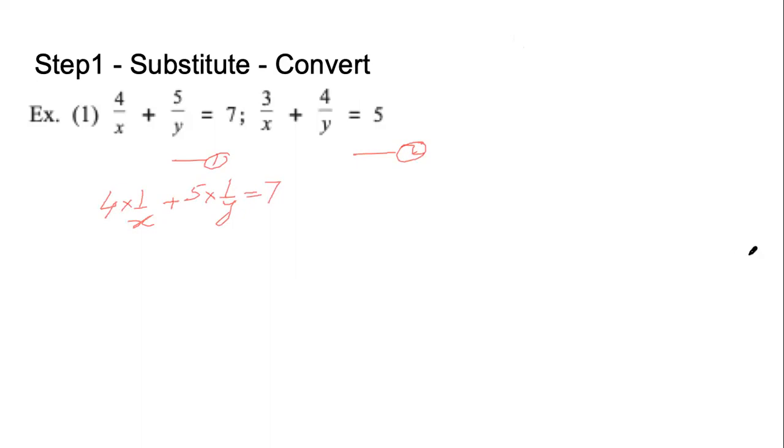I told you this is simple algebra. Now, let 1 by x be some other variable, say m. You can use any variable. I use m and n because it is easier for me to write. Let 1 by x equal m and 1 by y equal n. This is the substitution.